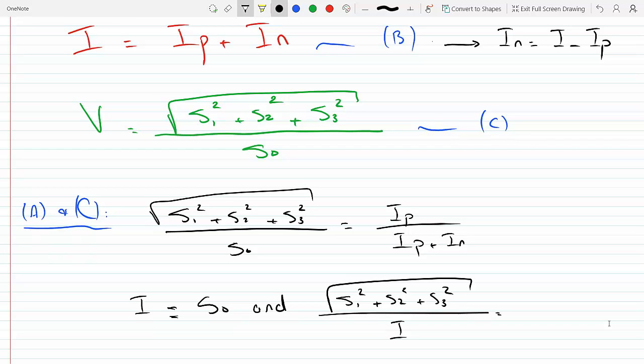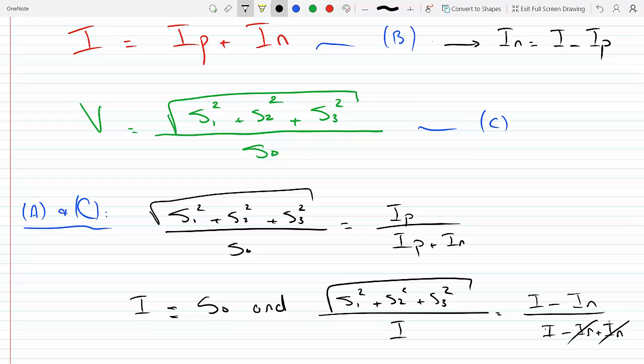I'm trying to get to IN, so IP is I minus IN over I minus IN plus IN.